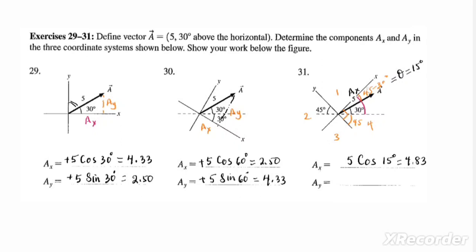And then ay is this here, and that is going to be negative, since this is in the fourth quadrant. Y is negative in the fourth quadrant. 5 sine of 15 is equal to negative 1.29.